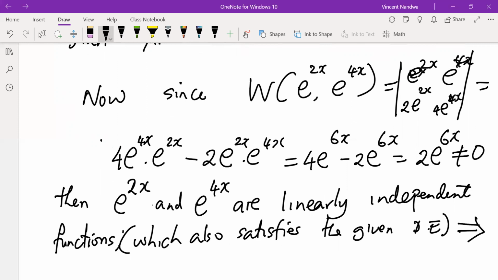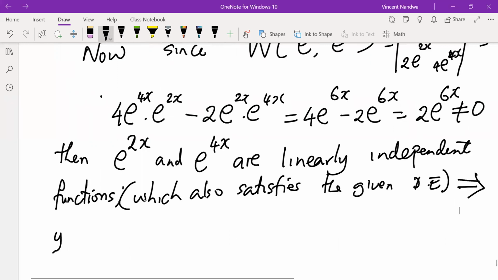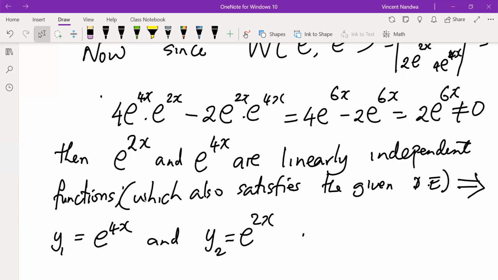So this implies that y1, which is e raised power 4x, and y2, which is e raised power 2x, are solutions.